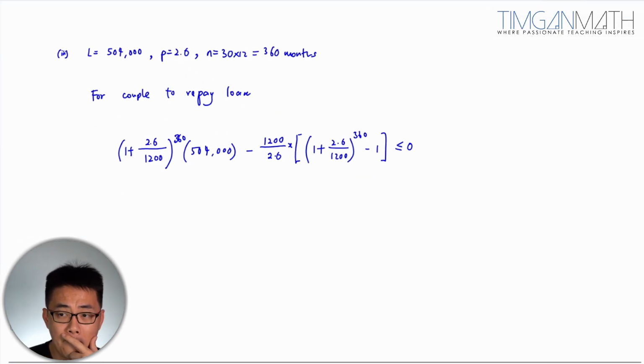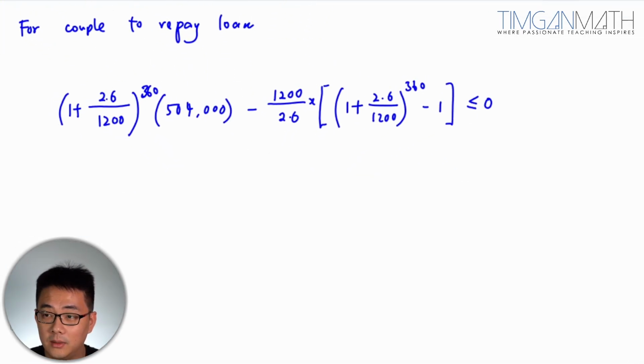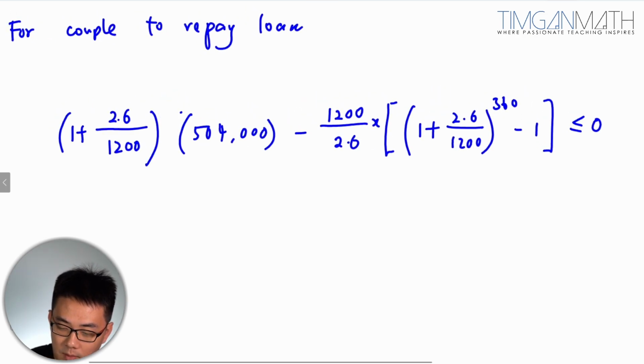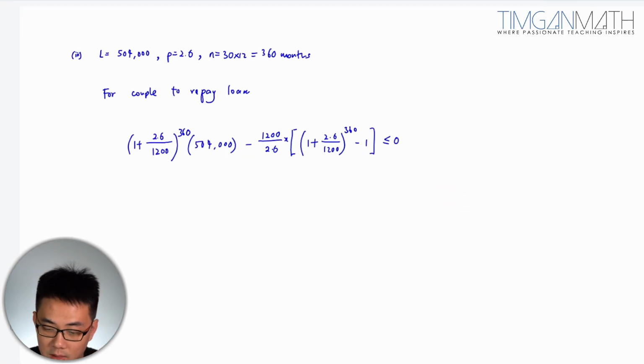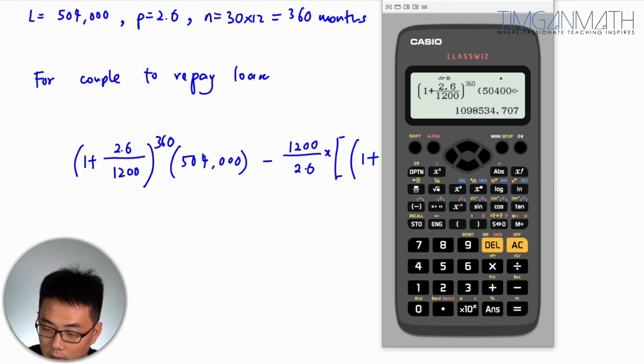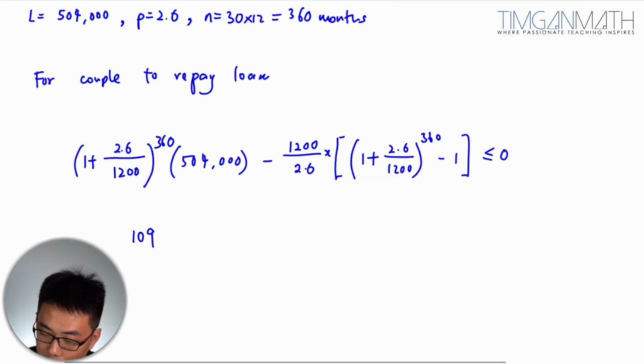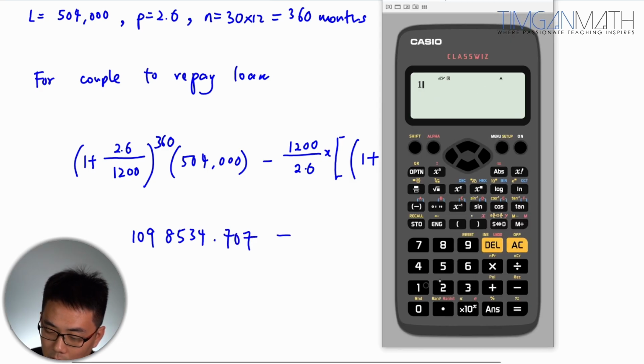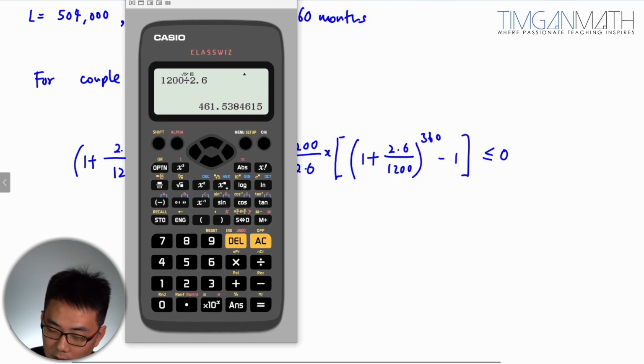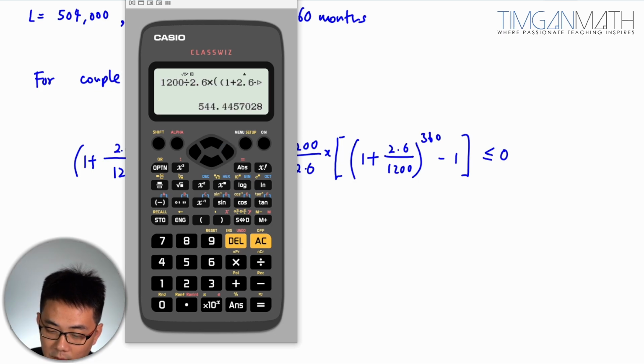Okay, then we're just gonna key in calculator for this. I'm just gonna key this in. This is just a linear inequality. We got 1098534.707, 1200 divided by 0.6, maybe multiplied by the whole thing behind here. 544.445.